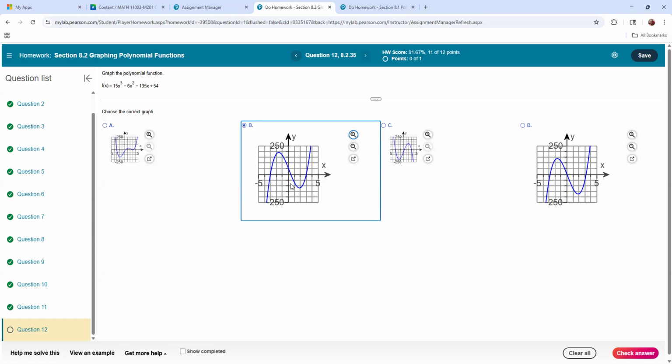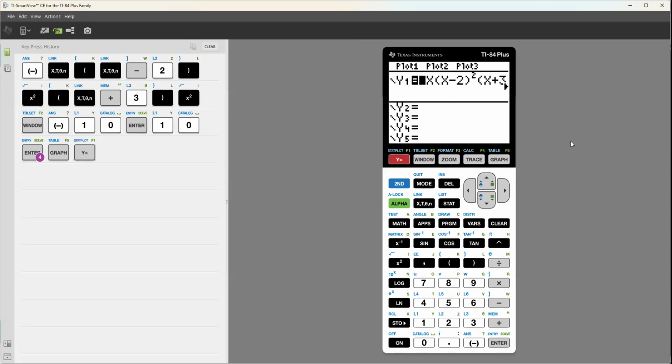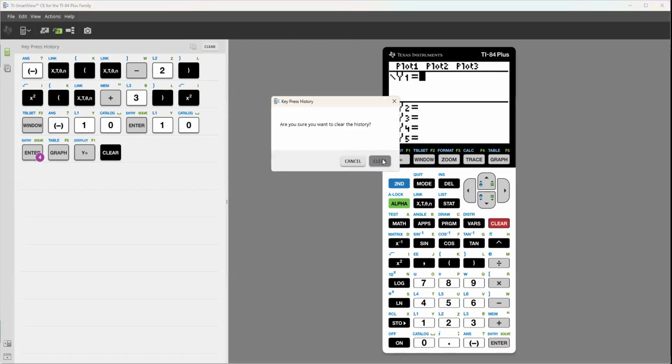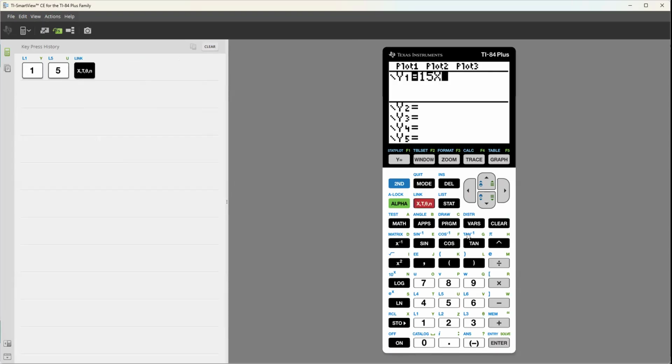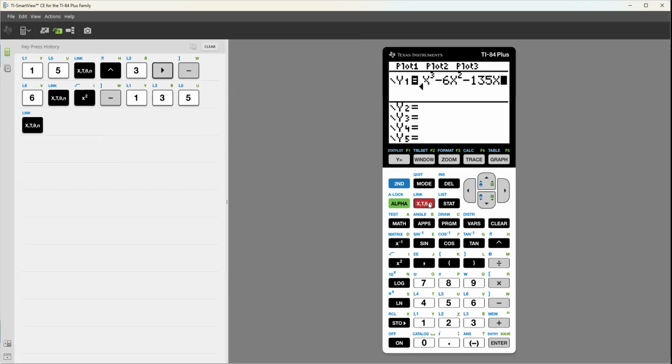They're going from negative 5 to 5, negative 250 to 250. So it looks like the x's are going by 1s and the y's are going by 50s when I do my window, okay? All right, y'all, so y equals, clear that out. All right, so I had 15x to the third, arrow down, minus 6x squared minus 135x plus 54.